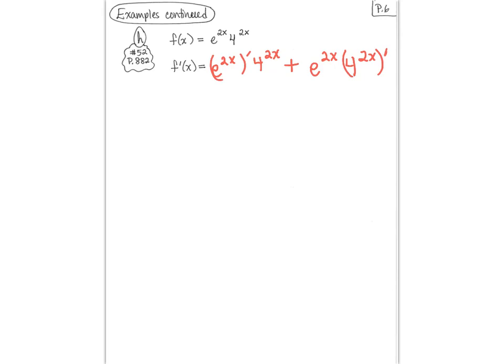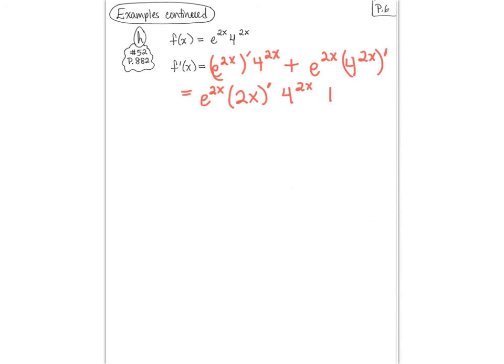Now let's actually find out what those derivatives are. Well, the derivative of e to the 2x is e to the 2x, but times the derivative of 2x, because that's the chain rule portion. Then we fix 4 to the 2x. This takes care of this portion, and then we just bring that down.